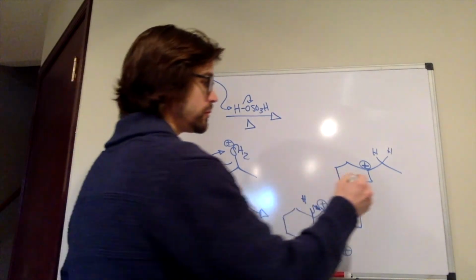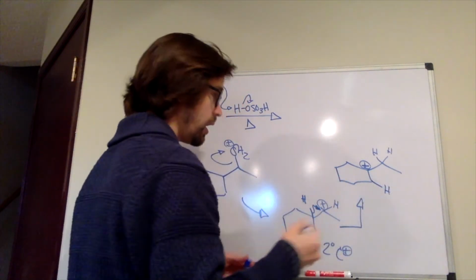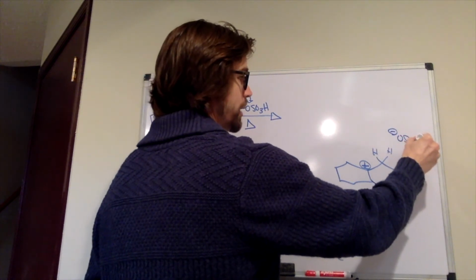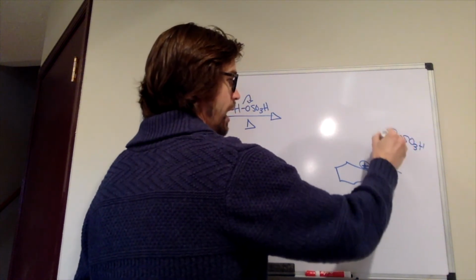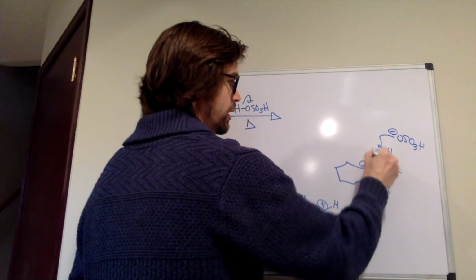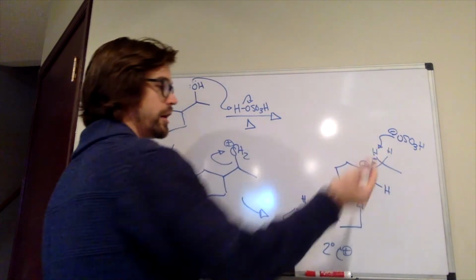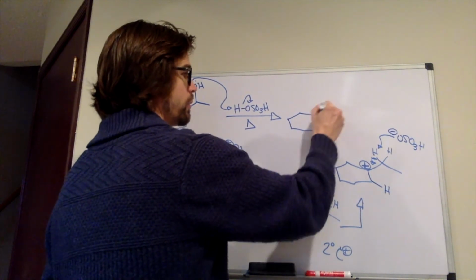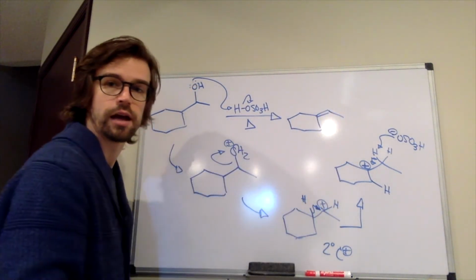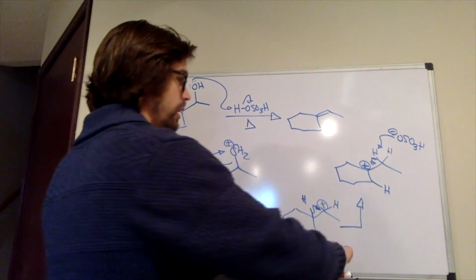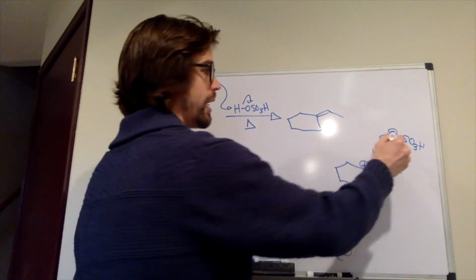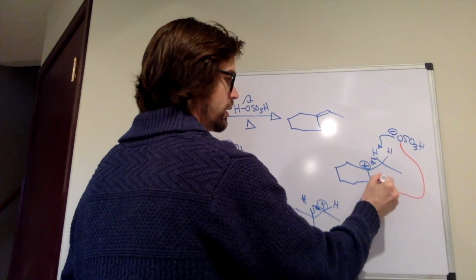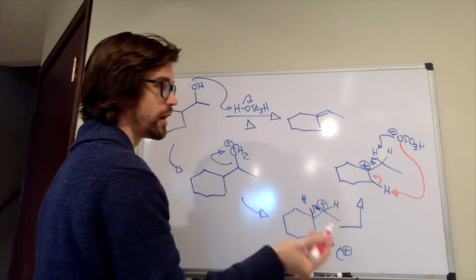So I'll do two different colors here. If the sulfuric acid conjugate base were to grab that proton, and then this carbon-hydrogen bond breaks, making a new bond there, we would form that alkene. If instead that anion grabbed that hydrogen, the electrons would move there.